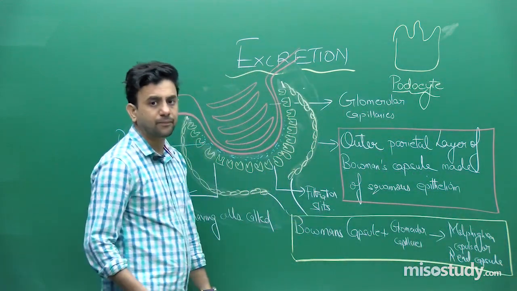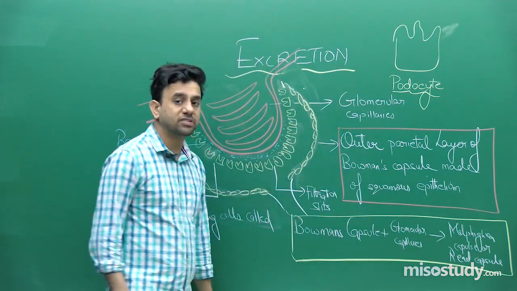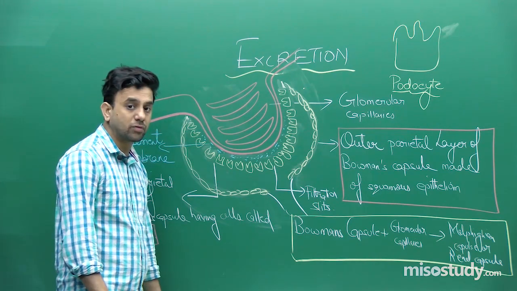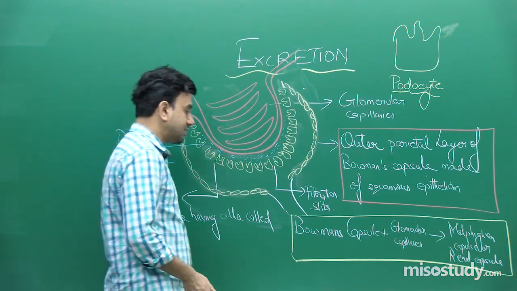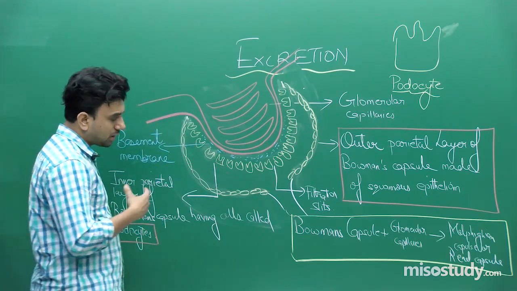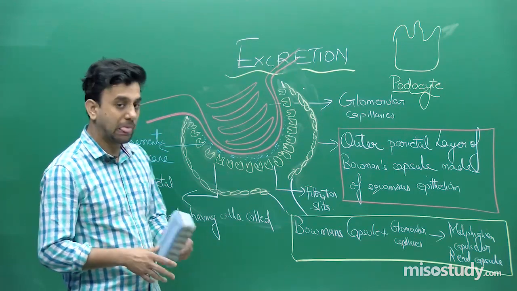Visible till here? So the Bowman's capsule plus the glomerular capillaries is called the Malpighian capsule or renal capsule. I'm not liking to rub this; it is so beautiful.